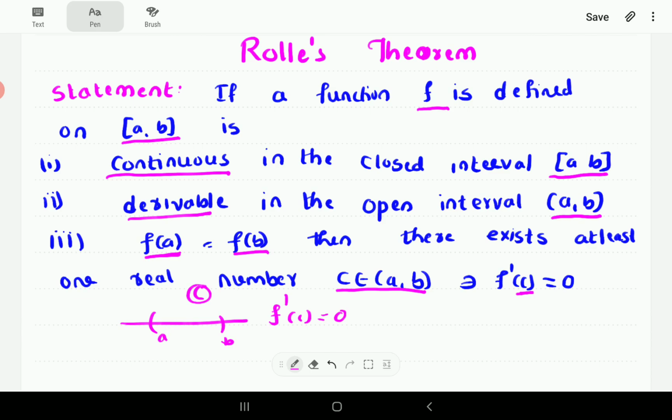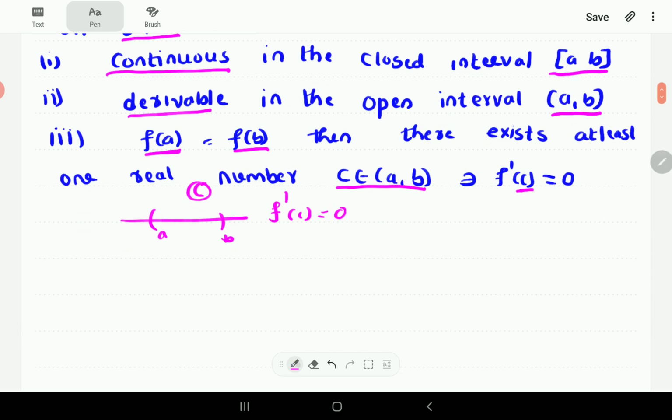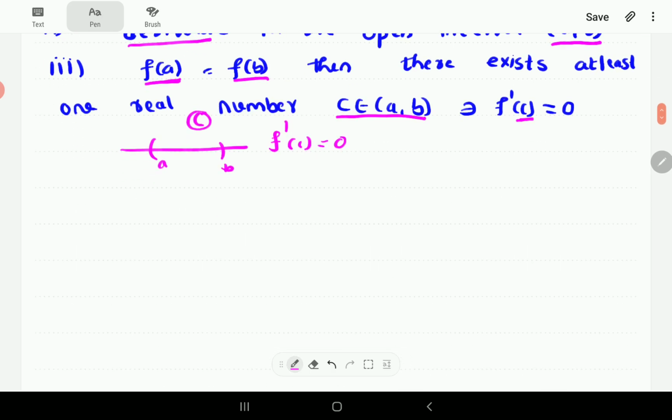So let's check directly with examples wherein we'll be verifying Rolle's theorem. How do we verify Rolle's theorem? Let me start with the example.